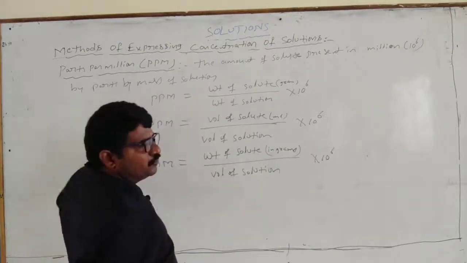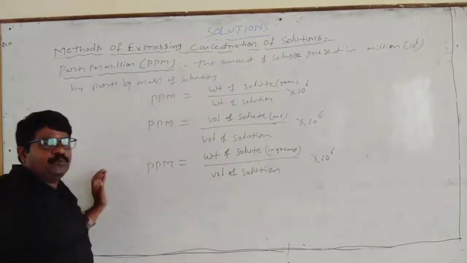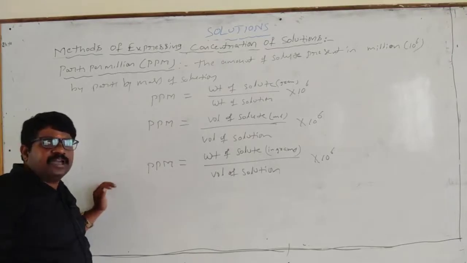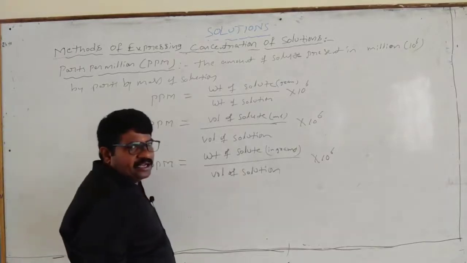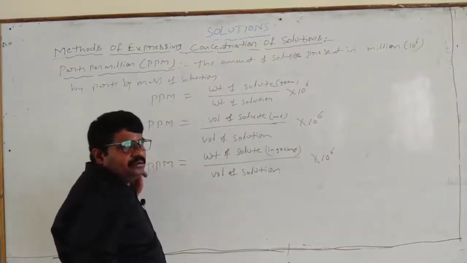Where do we use ppm? Generally for polluted water, or pollutants in the atmosphere or in solution, you express it in ppm. Drinking water generally contains below 500 ppm.